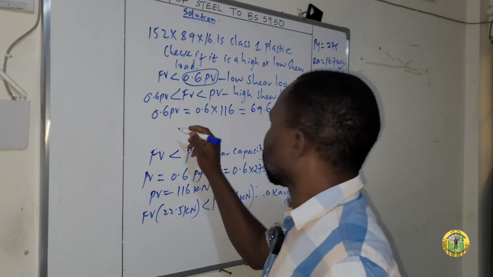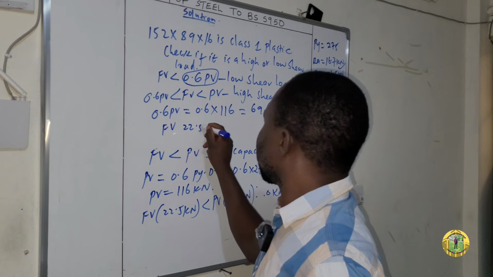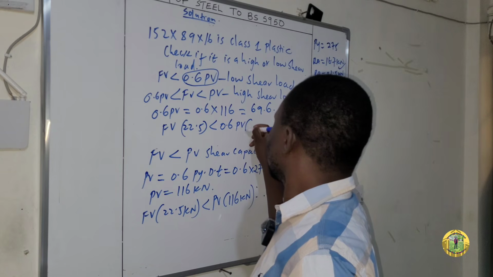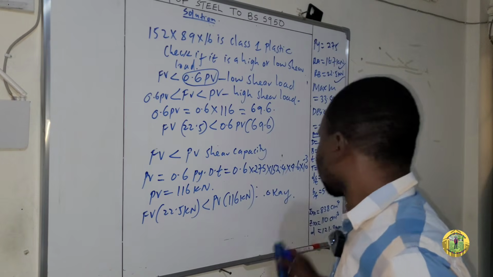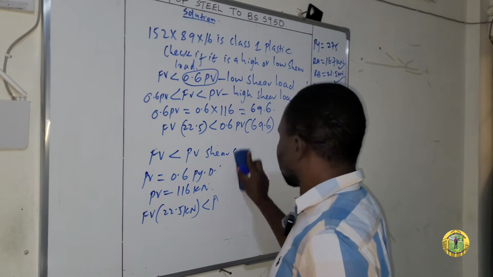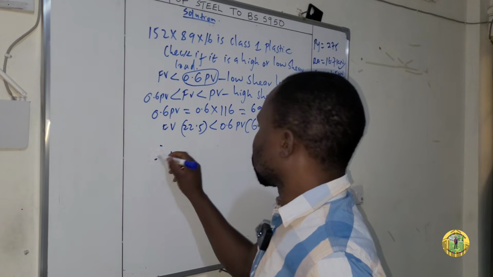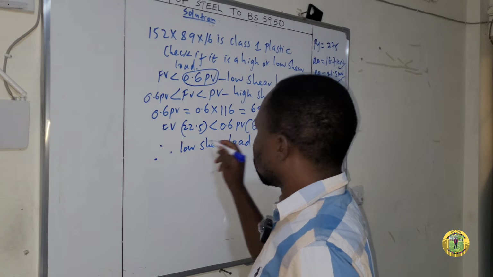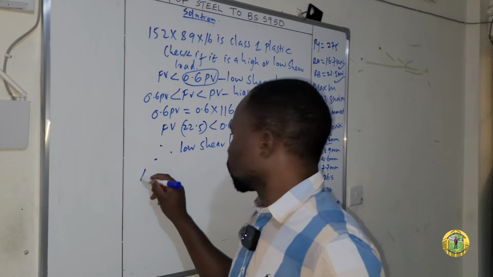It therefore means FV, which is 22.5, is less than 0.6 PV, which is 69.6. Therefore, it is a low shear load, like that. Now, for a low shear load, we will now calculate the moment capacity.